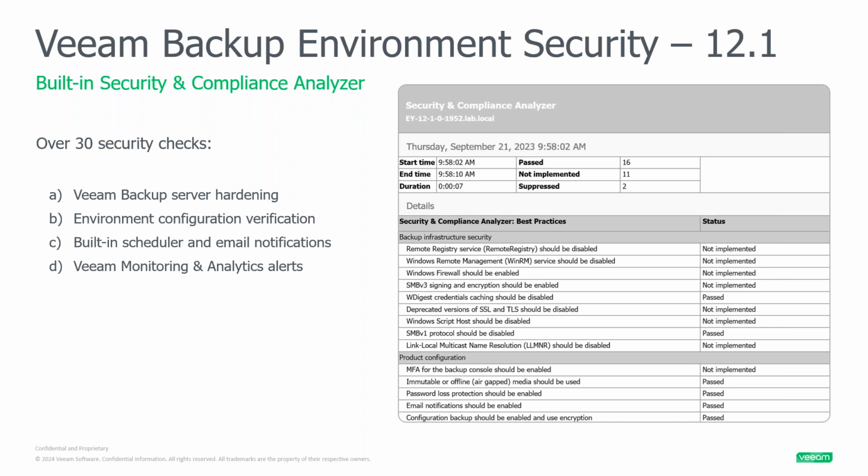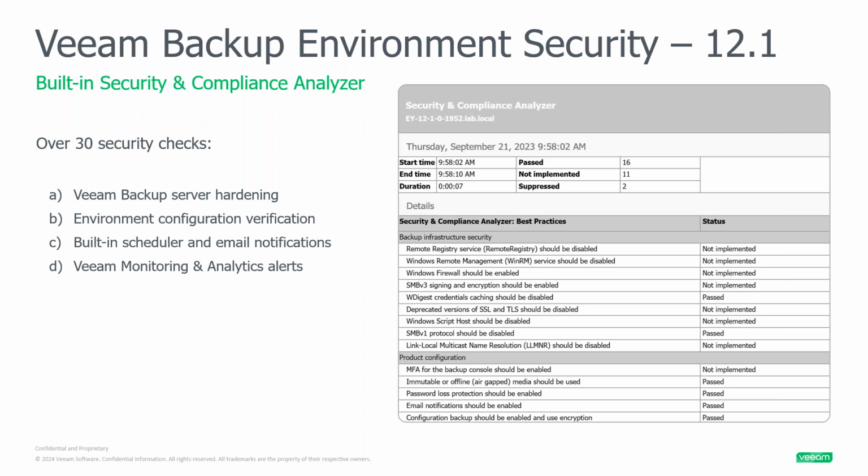Always check for environment configuration verification as well, especially if you have outdated versions of SSL, TLS. You want to make sure that you have the updated version, especially for certain applications that require the newest version of SSL or TLS to be installed and configured.